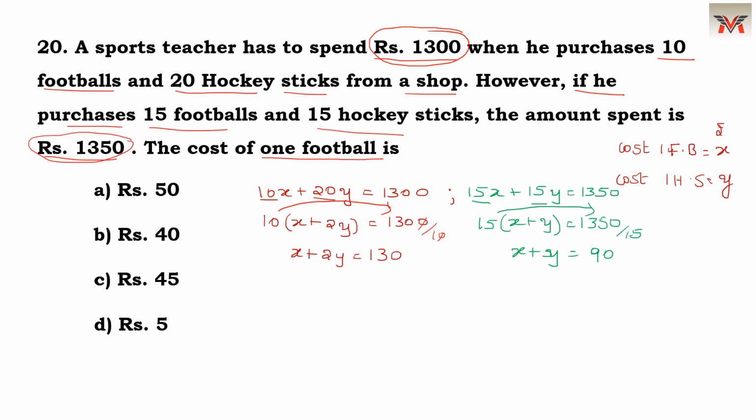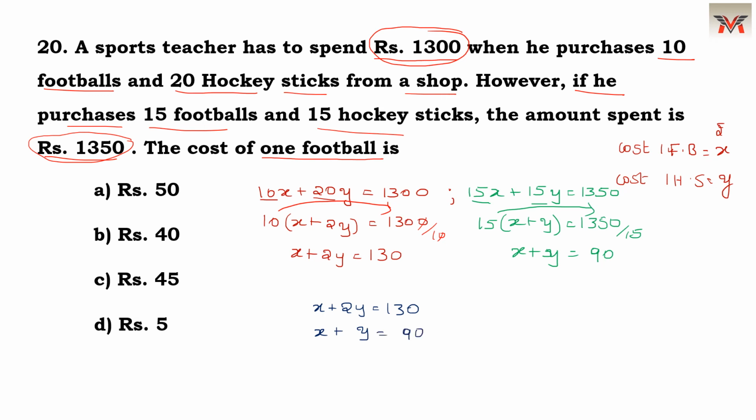So 15 ones are 15, 9s are 135, therefore it is 90. So observe here that we have two equations. Which are the two equations here? One is x plus 2y equal to 130, as well as x plus y, which is equal to 90.